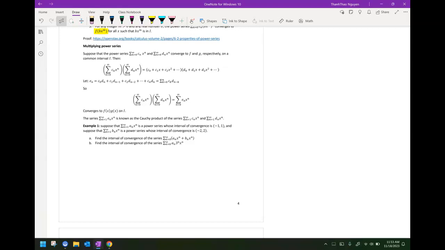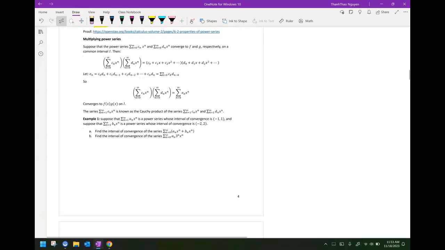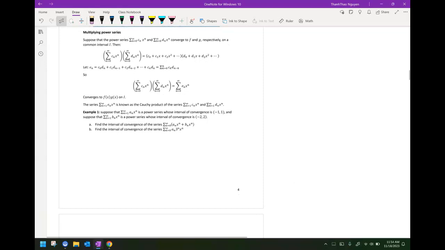So the result of multiplying two power series is another power series, and it converges to the product of the two functions f and g on I. The resulting series is known as the Cauchy product of the series. Oh, this is supposed to say n equals 0, so change that, n equals 0 to infinity.